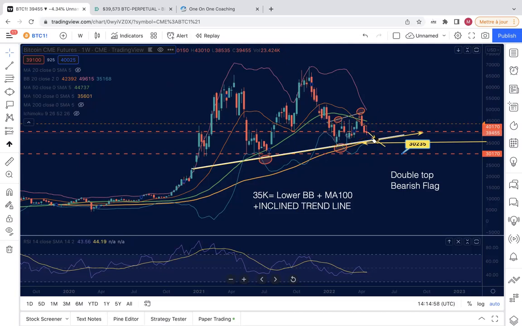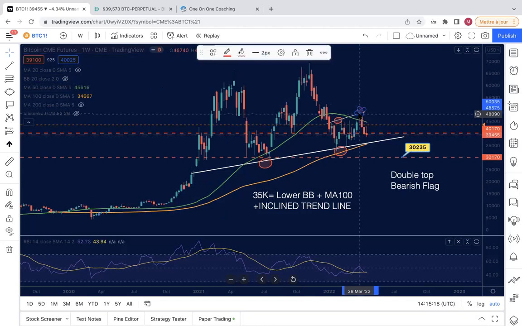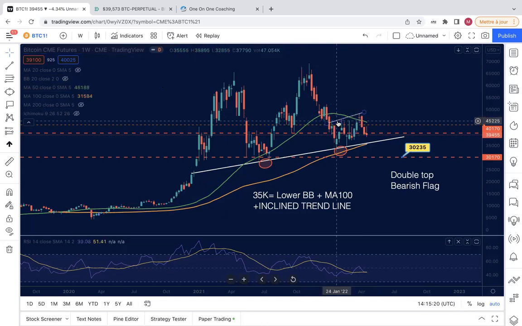Okay, we will do it like that, and I will even remove that Bollinger Band. Now we know where the lower Bollinger Band is, and I will remove this to see it clearly. Okay. In fact, in order to invalidate that bearish flag, it's simple.